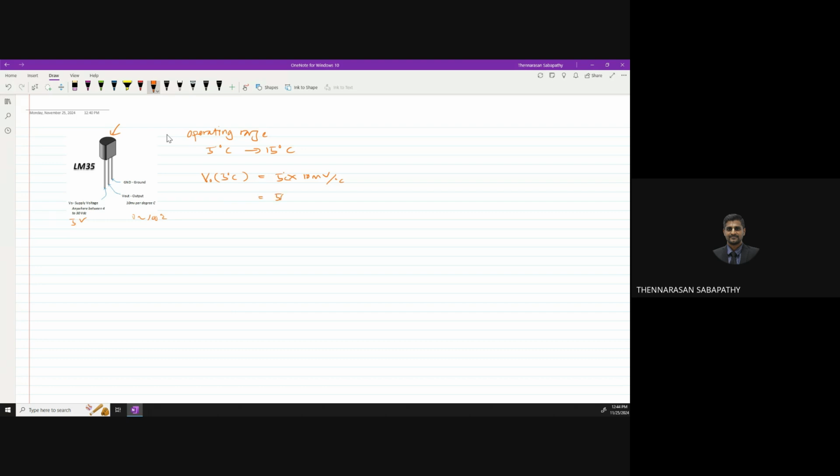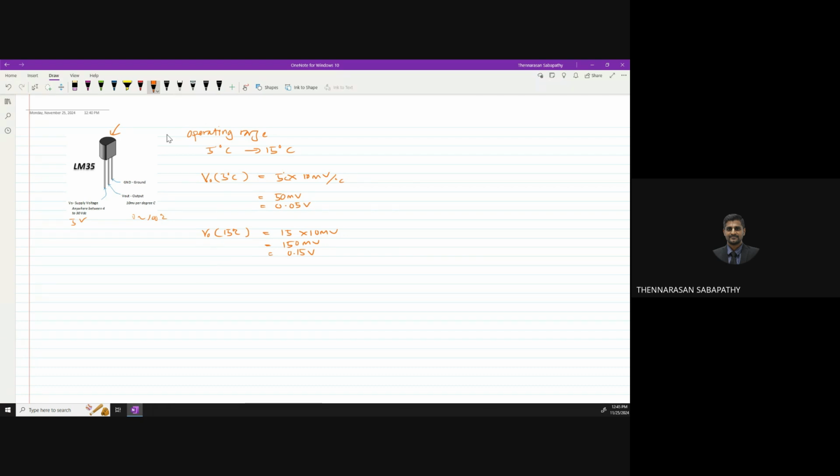So this is 50 millivolt, and Vout at 15 degrees Celsius is 15 times 10 milli, which is 150 millivolt. In decimals, this is 0.15 volt and this is 0.05 volt.